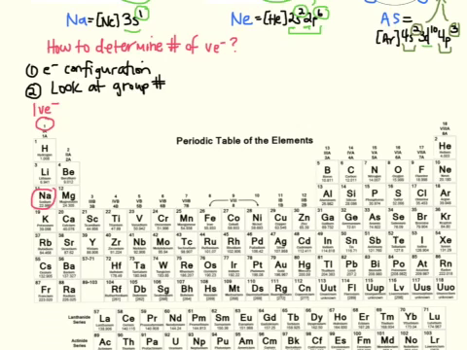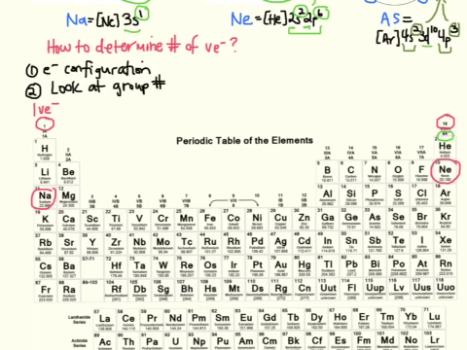And so let's look at neon. So neon, if you remember, had 8 valence electrons, 2 in the S and 6 in the P for a total of 8 valence electrons. So where is neon? Neon is right here, and neon is in family 18. Now, on older periodic tables, you'll notice there's a different numbering system, 8A versus 18.